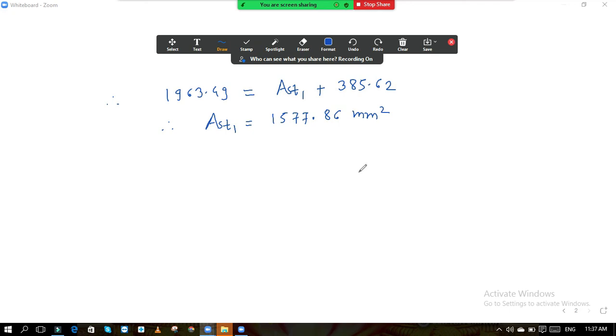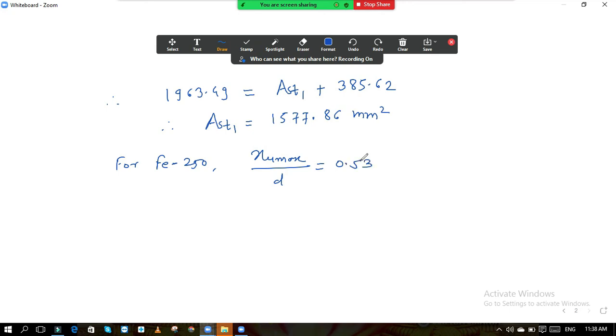Now calculate the value of Xu max. What will be the value of Xu max and Xu? Now we know that for Fe 250, the Xu max by d ratio is 0.53.